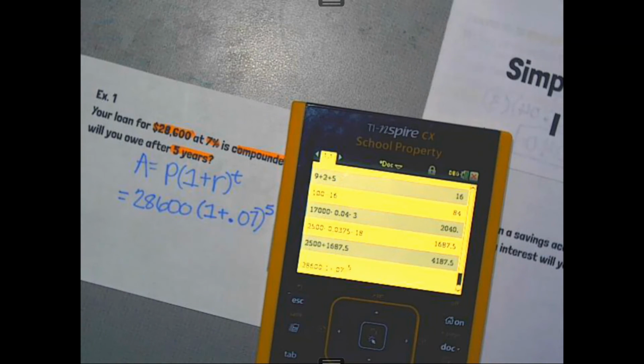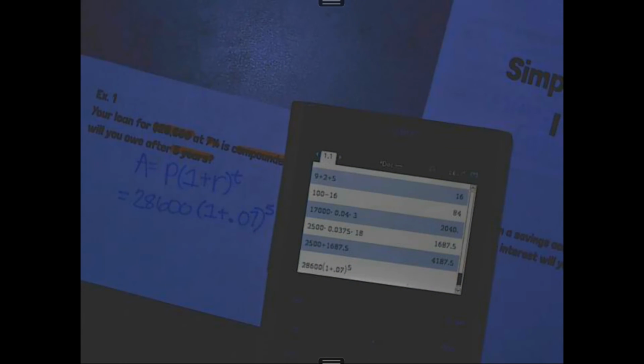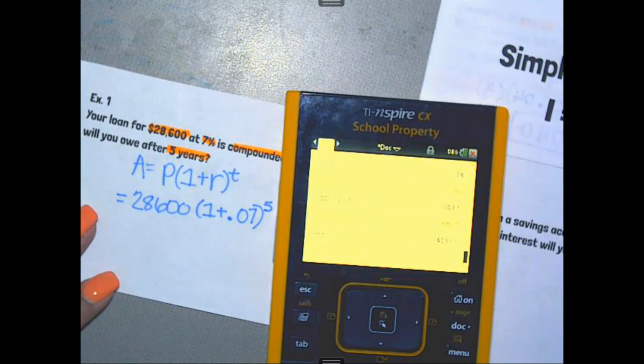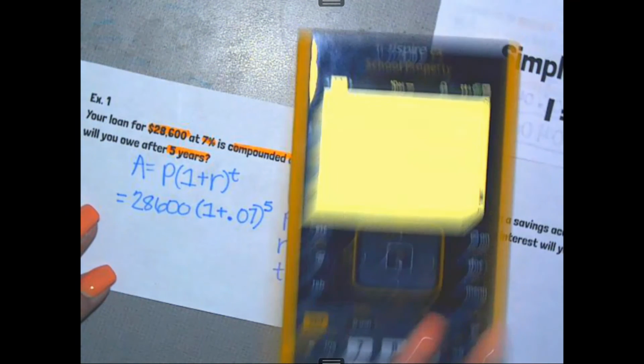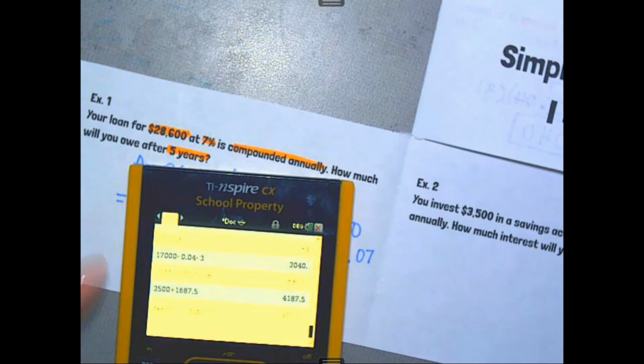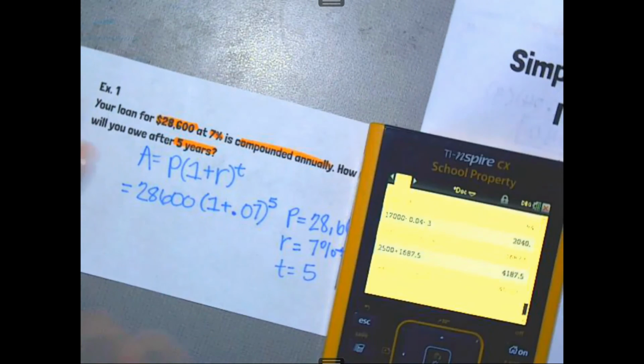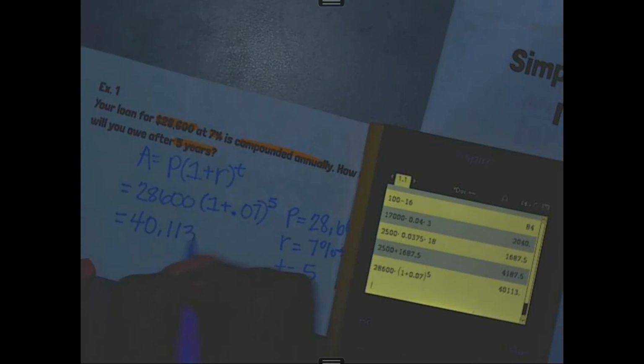All right. So let's fix the calculator so you can see it. When we click enter, my calculator now reads $40,113.